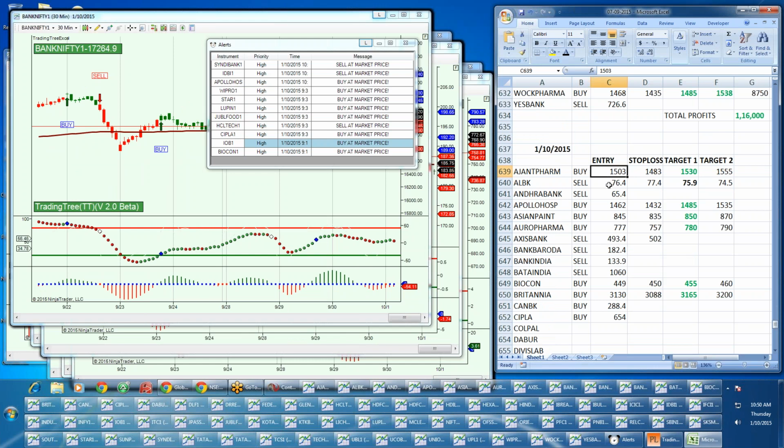So these are the entry prices, stop losses for each and every script. In case you have any doubts, please just type it in the chat box. Another 10 minutes, I'll close this session. And again, I'll record the video for you after some time.